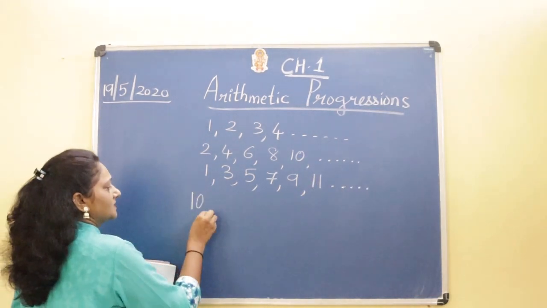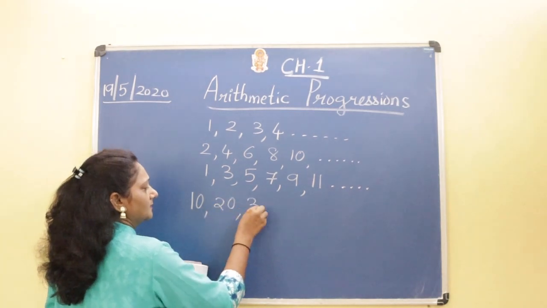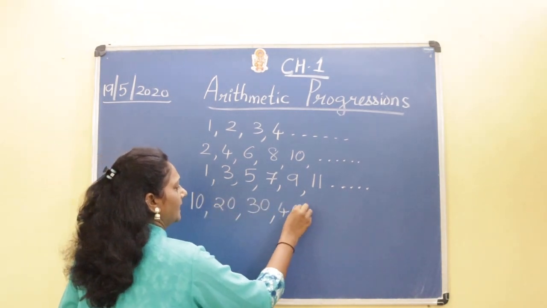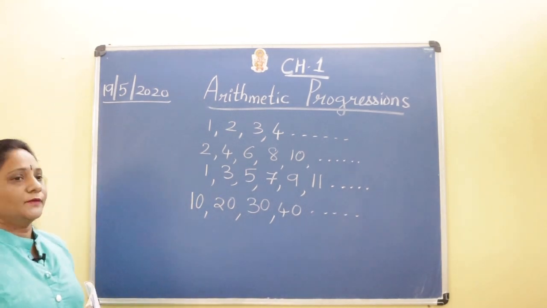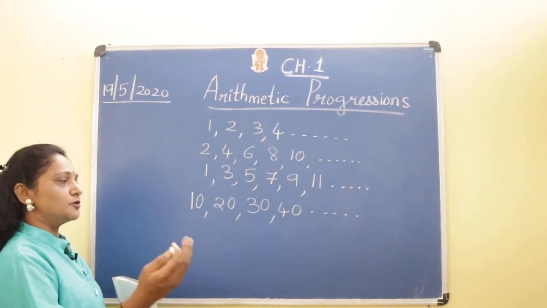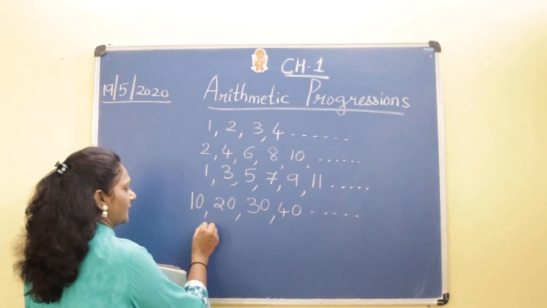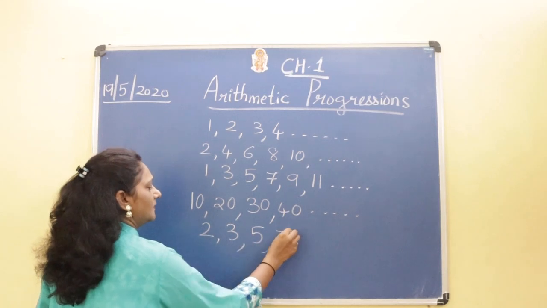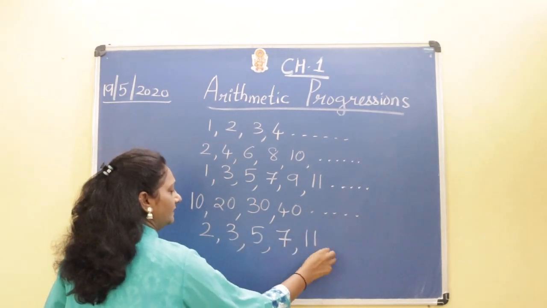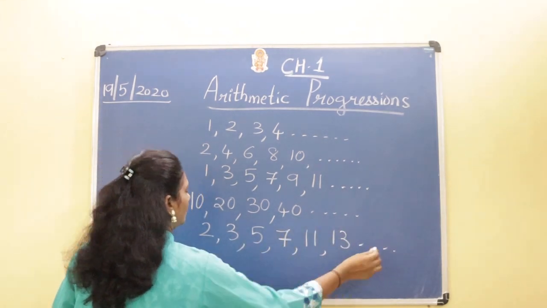It can be 10, 20, 30, 40 and so on. Here you can see it may be also a group of prime numbers. For example, 2, 3, 5, 7, 11, 13 and so on.